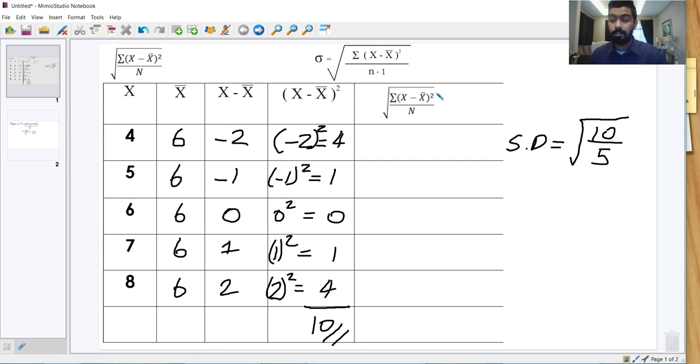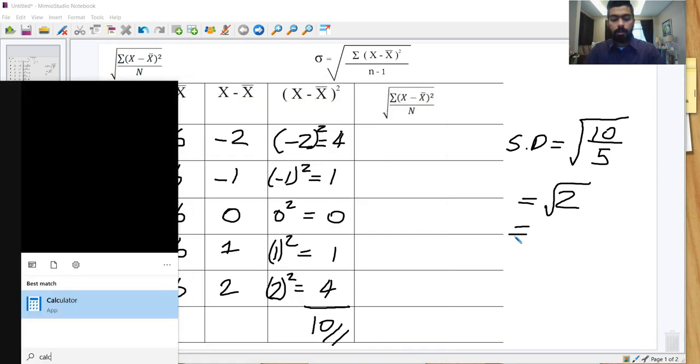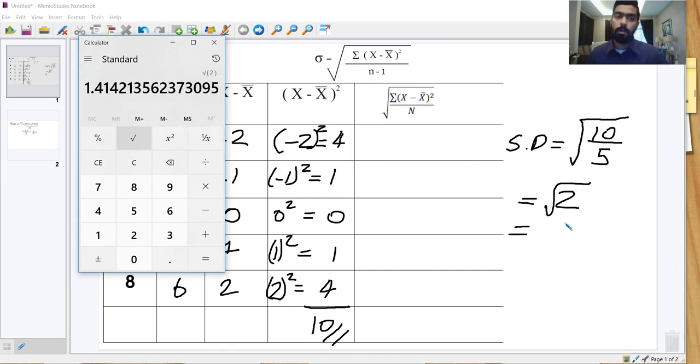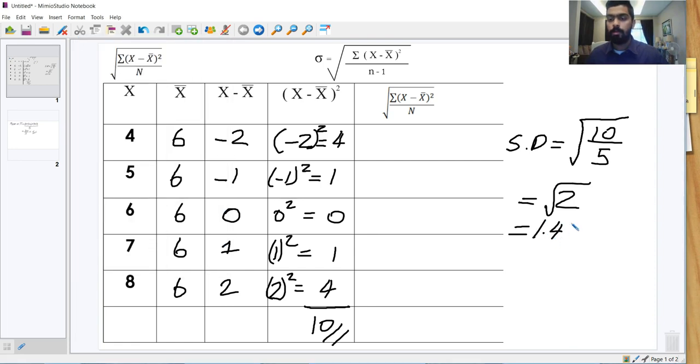In this case, I'm just comparing the marks of my students, so I'll be using the population formula. 10 over 5 is 2, so we need the square root of 2. Using the calculator, the square root of 2 is approximately 1.414.